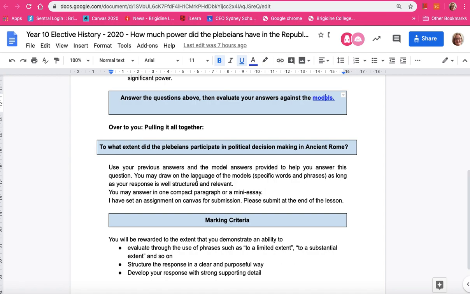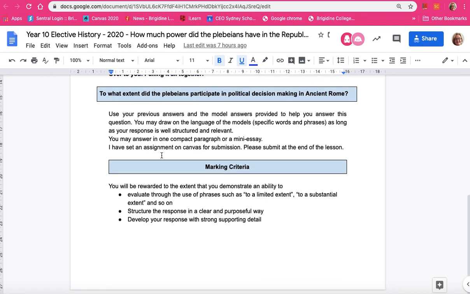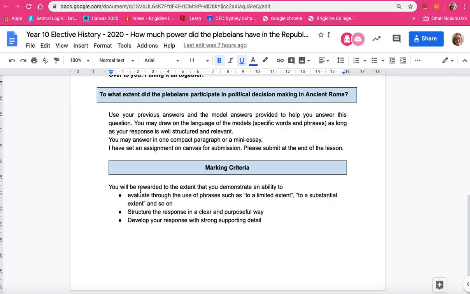I'm not going to say you're plagiarising. But this is the question you're answering. To what extent did the plebeians participate in political decision-making? So that's telling you that they did have some say in government, but did they have absolute total say, or did they have limited say? And you can use the models to help think that through.